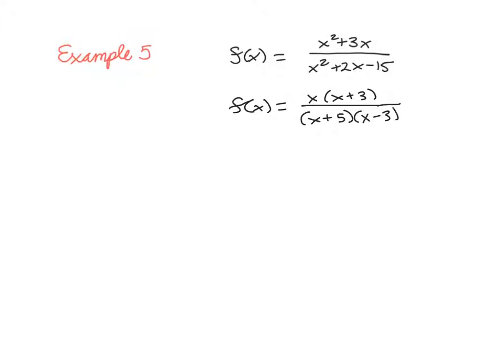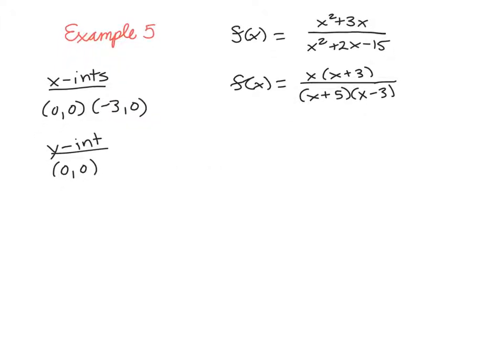Okay, so let's start with our, how about x-intercepts? So here I know that I have an x-intercept at 0, 0, and negative 3, 0. Again, we get that by setting our numerator equal to 0. For y-intercept, it's going to be at the origin.